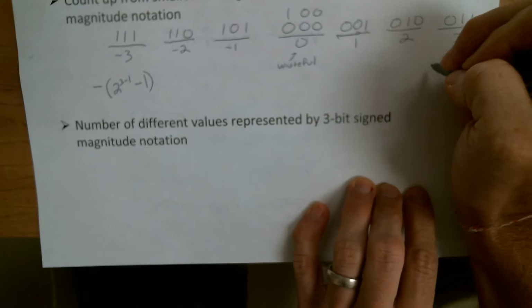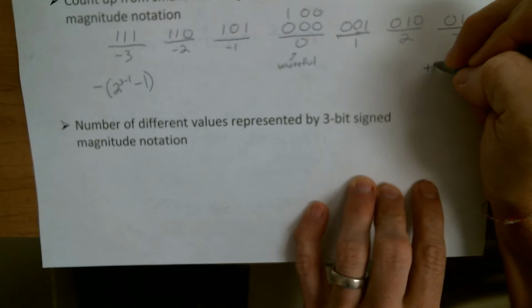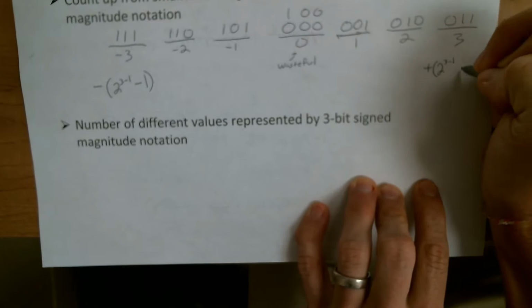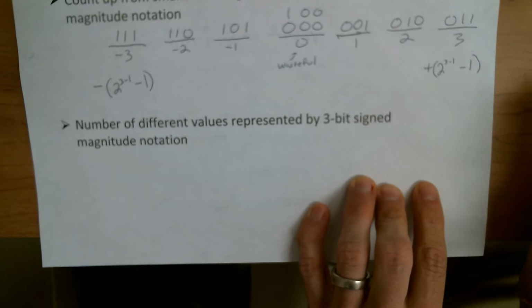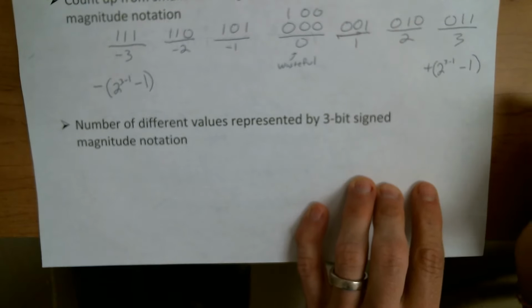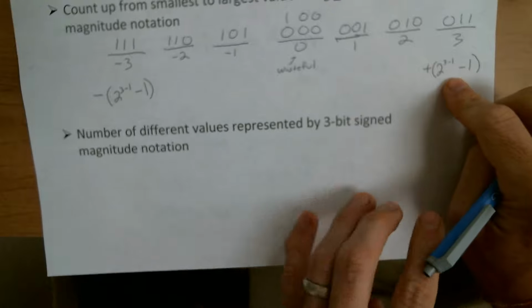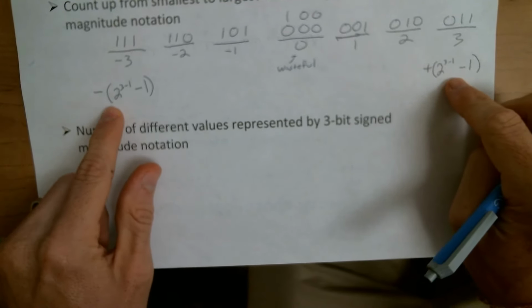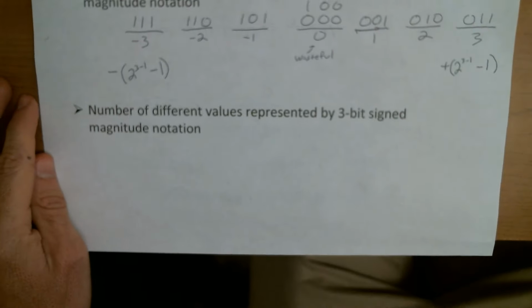So on the positive side, it would be the same exact thing, 2 to the third minus 1 minus 1. That's how we can figure out the largest, and that's how we can figure out the smallest. Again, it's going to be the same value, just one is positive and one is negative.